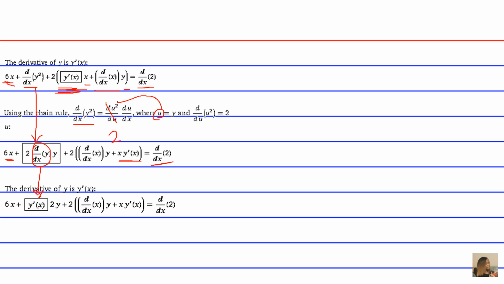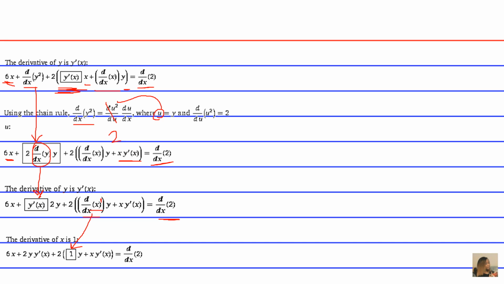And you're going to add that to 2 times d/dx of x multiplied by y plus x times y prime x is equivalent to d/dx of 2. Now, the derivative of x is going to be 1. So d/dx of x just became 1 because the exponent here is n equals 1.